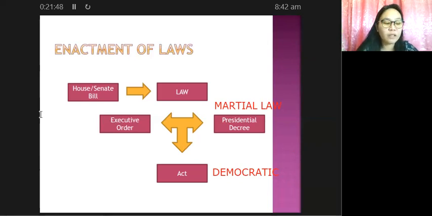Executive orders are acts of the president providing for rules of a general or permanent character in implementation or execution of constitutional or statutory powers. Take note, class.